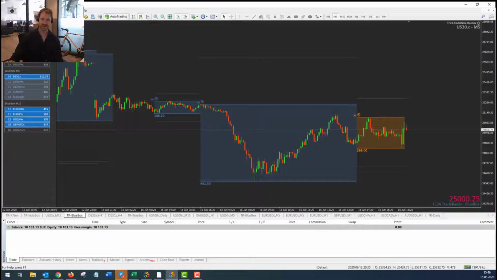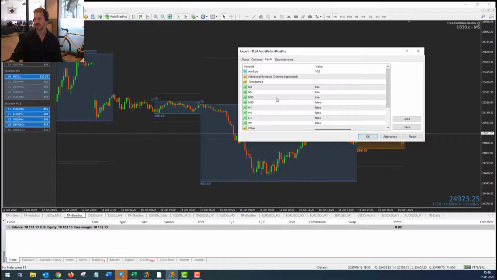On the left-hand side, there's an automatic filter or scanner. I guess scanner is a better name over here. And you'll see that we are seeing all the signals coming in on the M1 time frame, on the M5 time frame, and on the M15 time frame. If you aren't happy with that, just click on the top right corner.